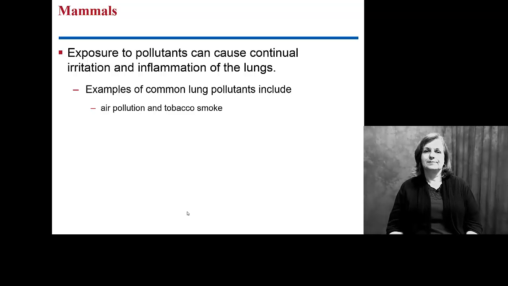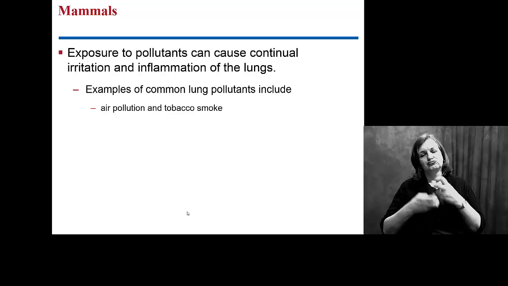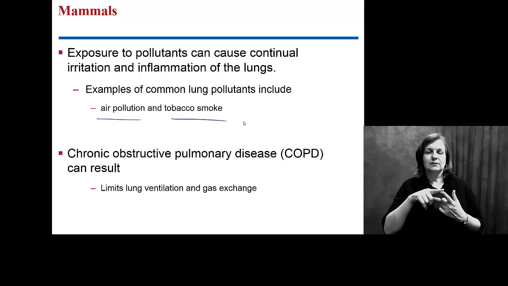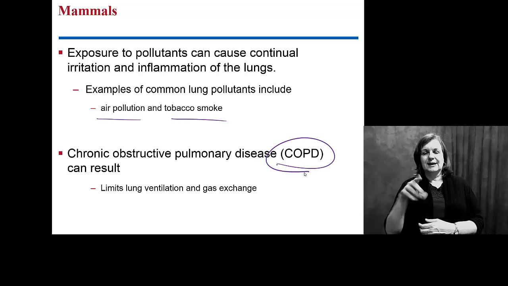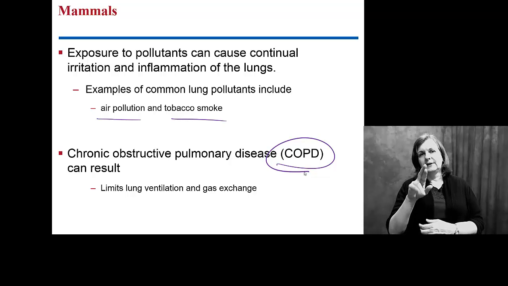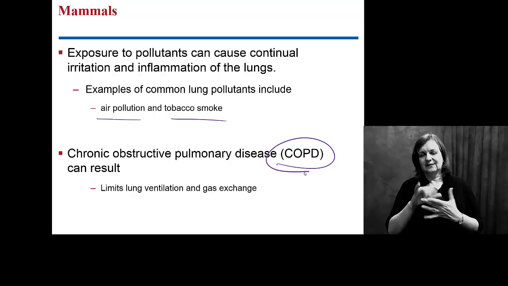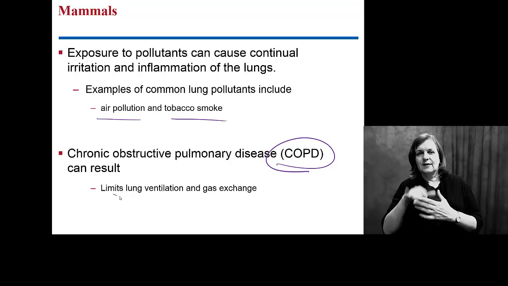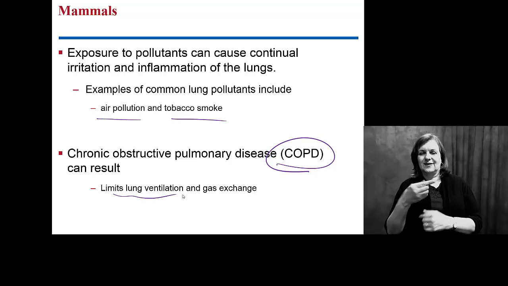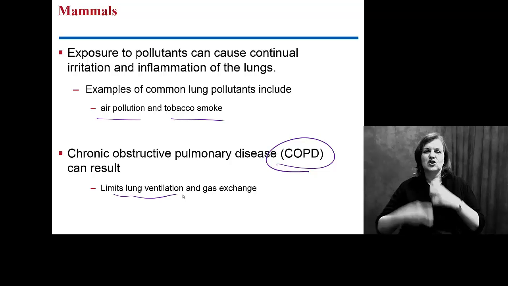We do look long term at all kinds of issues affecting our lungs over our lifetimes, lung pollutants as far as air pollution, tobacco smoke, and so on. We also look at things like COPD, or chronic obstructive pulmonary disease, always associated with these kinds of lung pollutants that actually are going to limit ventilation and gas exchange, make it very, very, very difficult to breathe.